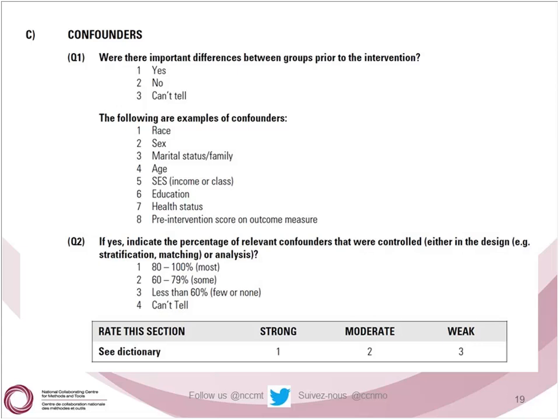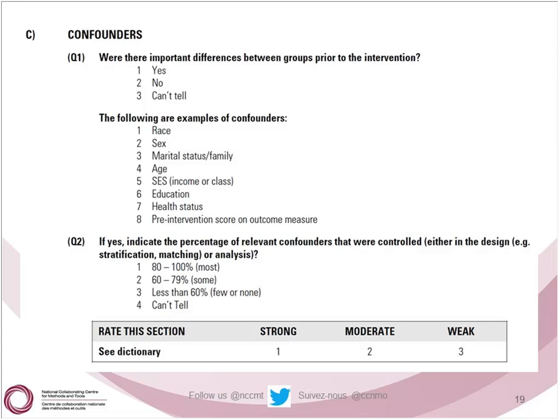However, that isn't to say that we don't have randomized controlled trials that did not do well on selection bias, that maybe didn't do well on confounders, don't blind, and don't have good data collection methods. That trial could still end up being rated as moderate or even weak if they end up with other items that haven't been done well.